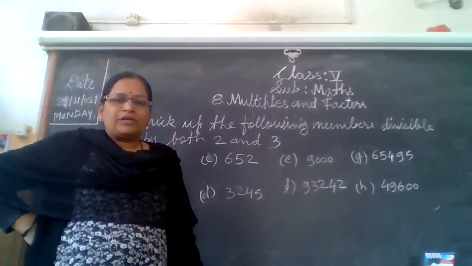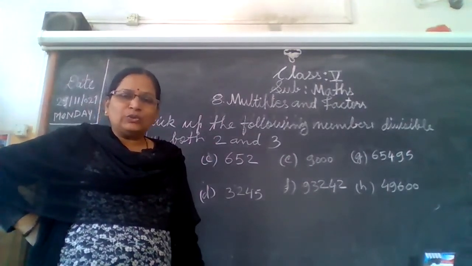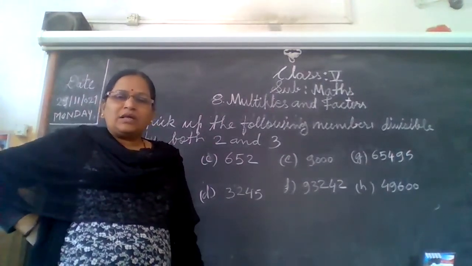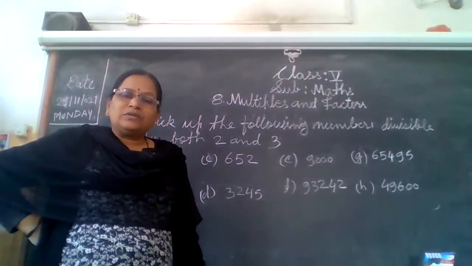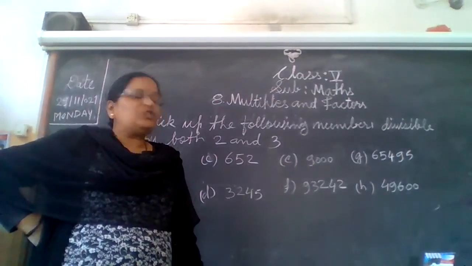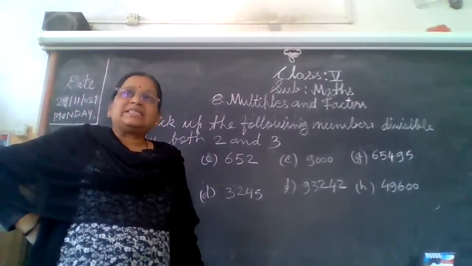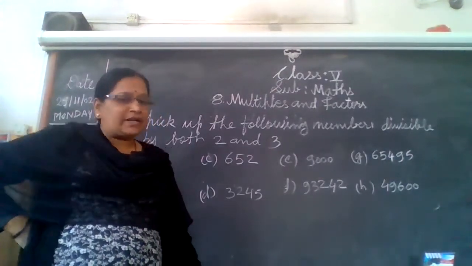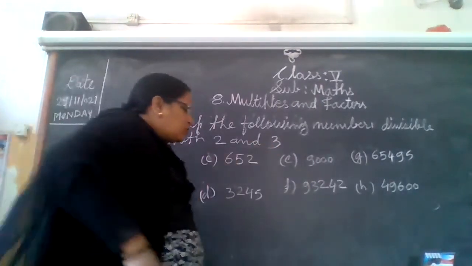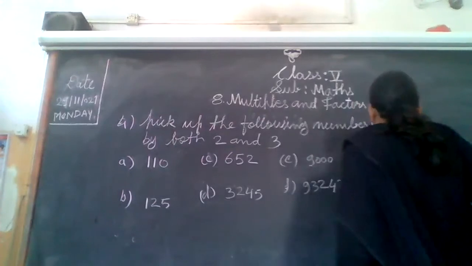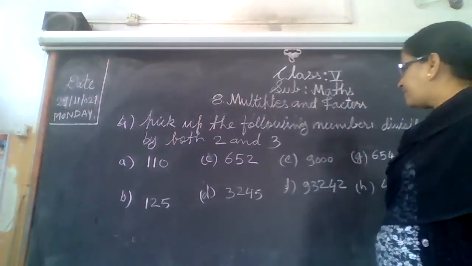Okay, see children. So let us see for 2. The unit place must have 0, 2, 4, 6 or 8. So it is not divisible by 2. Okay.